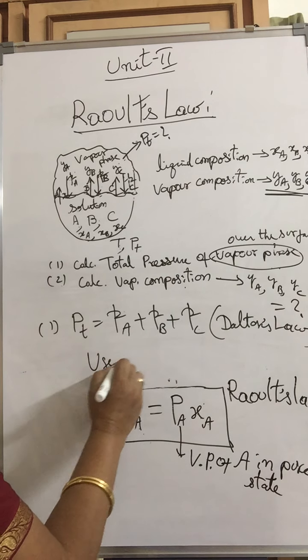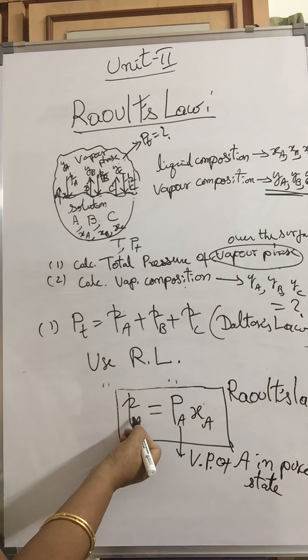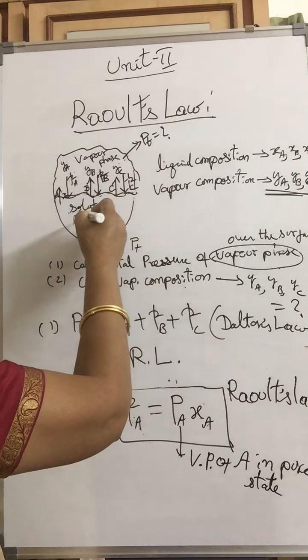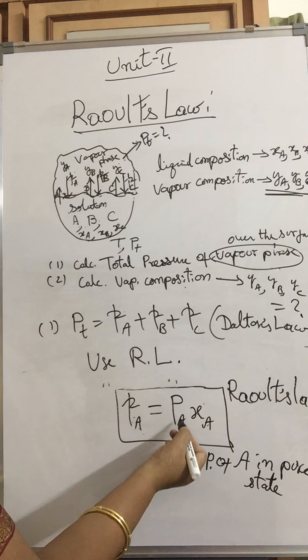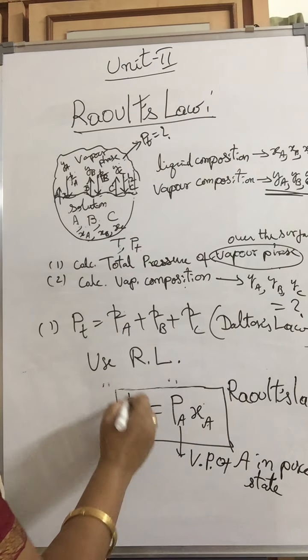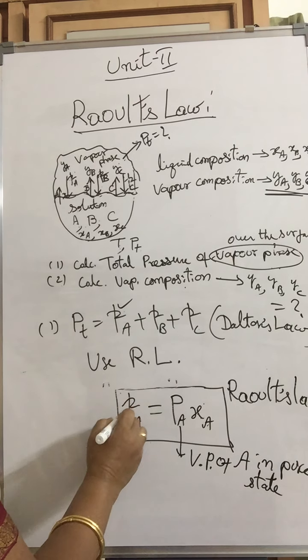PA equal to PA into XA. XA will be given in the problem. Vapor pressure in the pure state of component A will also be given. So like this you can calculate PA.